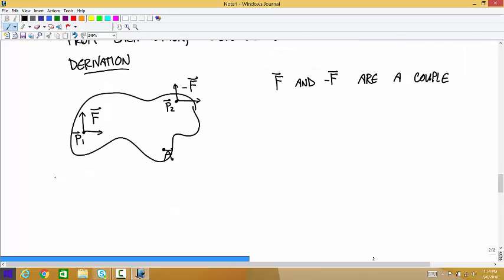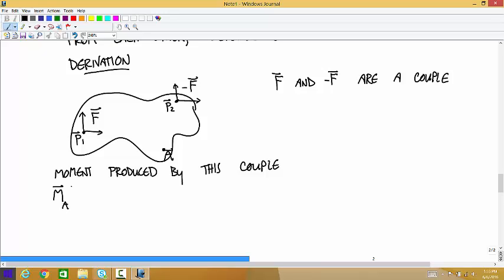The moment produced by this couple, we just have to add up the moments produced by each of these two.